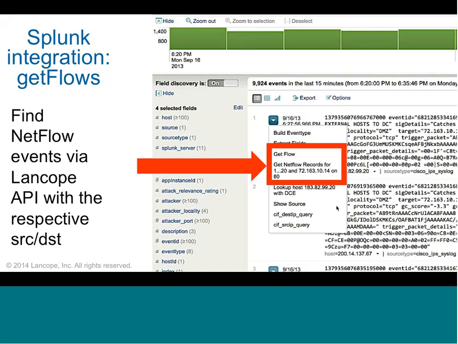That gives you the flows between the source and dest IP with that event, for 30 minutes leading up to the event and 30 minutes after the event happens. So basically you end up with an hour of associated flows returned in your browser window.